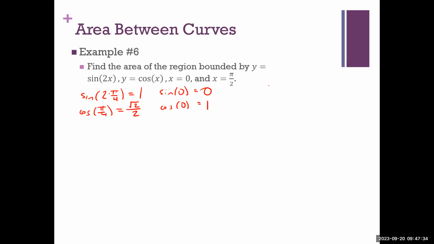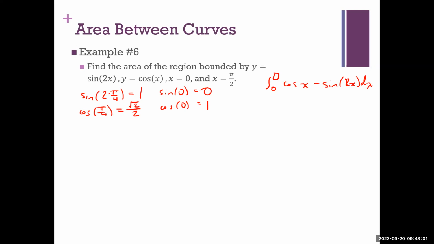They cross in the middle of the region somewhere. I believe here's what we found: from 0 to something, we're going to integrate cosine x minus sine 2x, because for some part of this interval, cosine is greater, but for the other part of it, sine is greater. Or maybe there are more divisions. We've got to find that out.